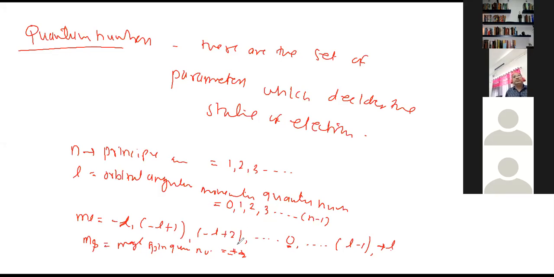Every quantum number we have to see in detail. Okay, so this is the vector atom model. Did you understand? Now we have to see each quantum number in detail: what n represents, what l represents, what ml represents, and what ms represents, for a given atom. Are you getting? Throughout we have to see it.